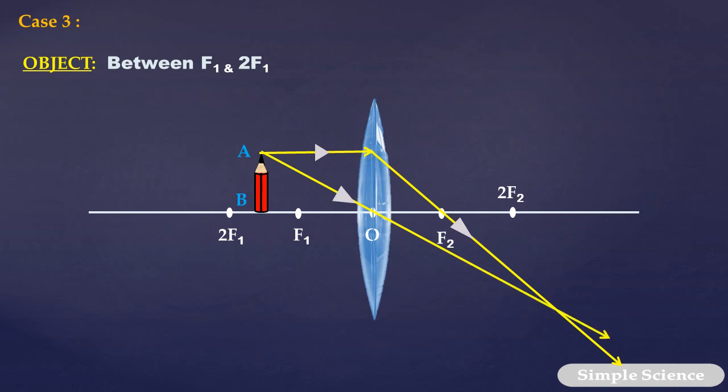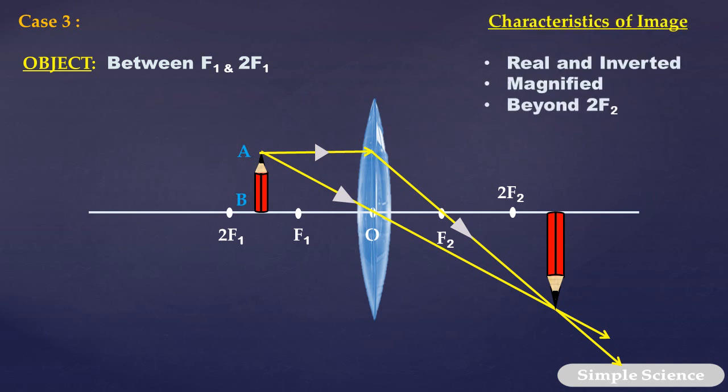Now where are these two rays meeting? Yes, here. So we located the tip of the image. Now the characteristics of image are it is real, inverted, magnified. Magnified means bigger than the object, and it is beyond 2f2. So this is about the image. In this case, the image is bigger than the object.